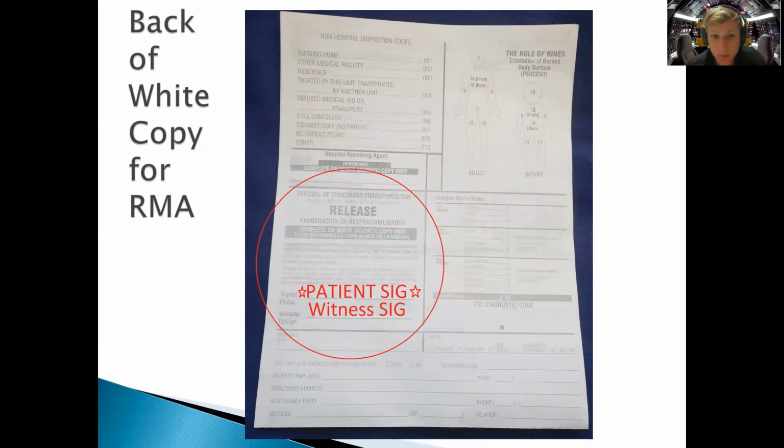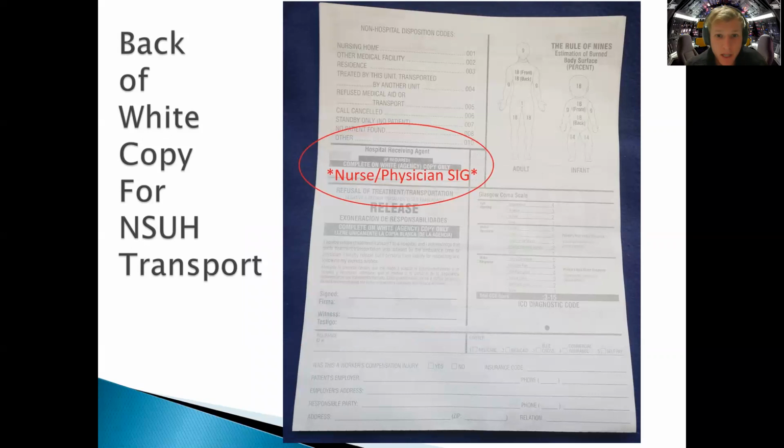Typically, we don't try to use midshipmen because we're all together and we don't really have a say, so try and get a company officer if you can. And for the hospital representative, give it to a nurse or physician and have them sign the hospital receiving agency.